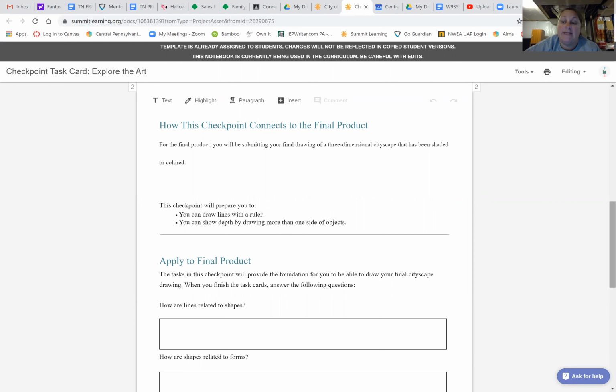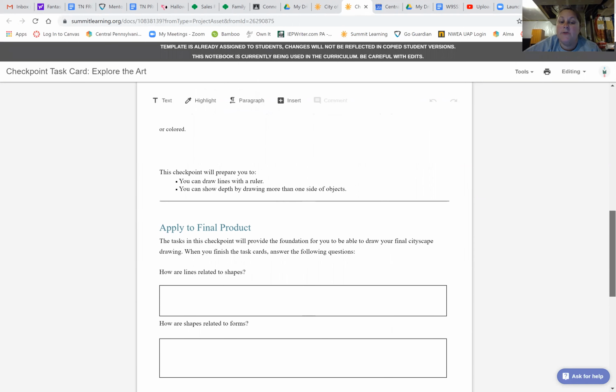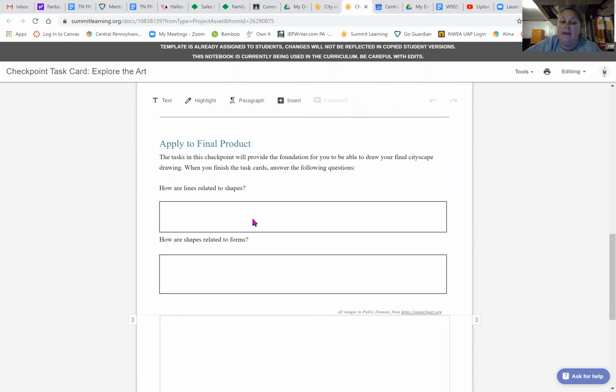Again, practicing leading up to drawing your 3D cityscape. When you're finished, you're going to answer these questions and submit for feedback, again up in the right-hand corner.